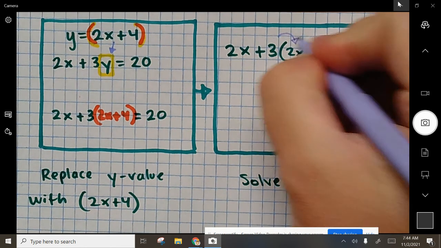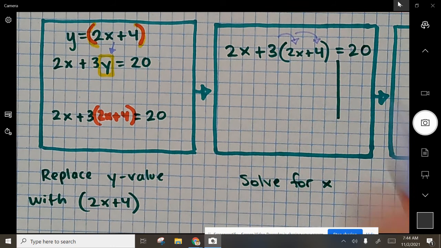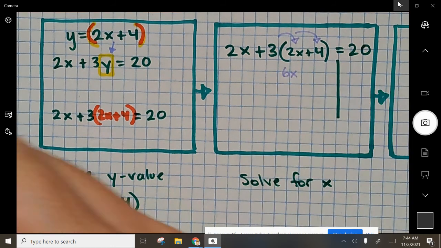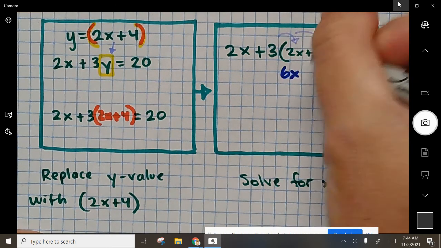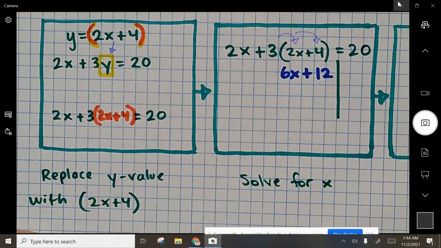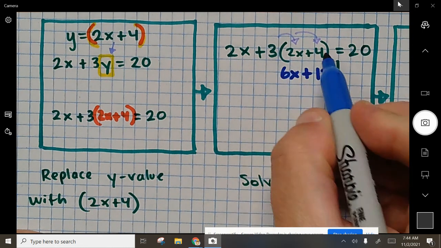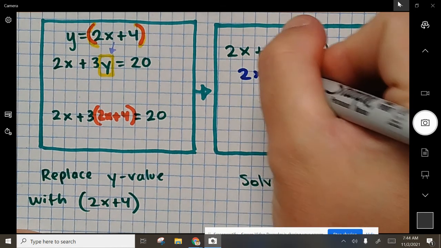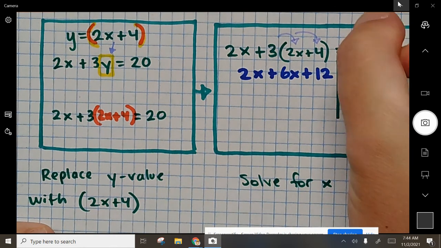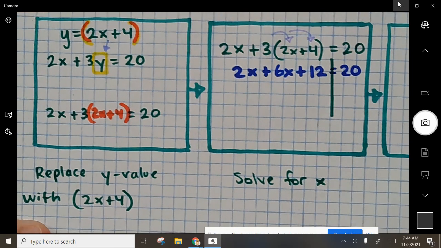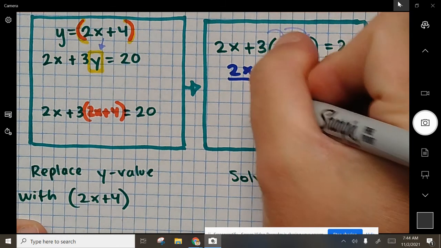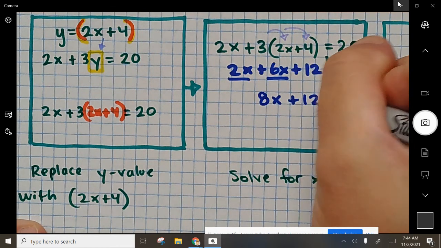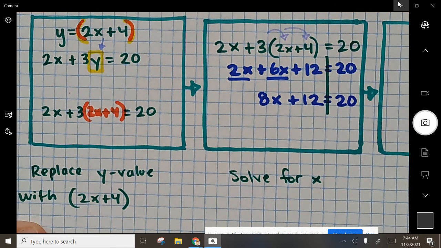So first step, we're going to go ahead and distribute: 6x plus 12. 3 times 2, 3 times 4. All equals 20. Then we're going to combine like terms. 8x plus 12 equals 20.